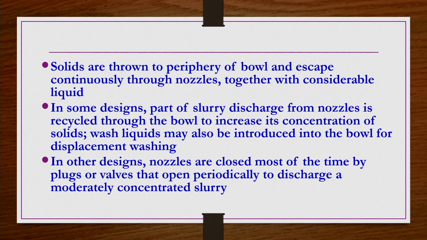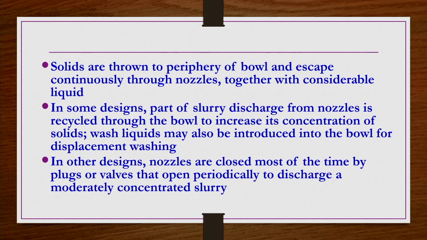Solids are thrown to the periphery of the ball and escape continuously through the nozzles together with considerable liquid also. In some designs, part of the slurry discharged from the nozzles is recycled through the ball to increase its concentration of solids. Wash liquids may also be introduced into the ball for displacement washing as well.